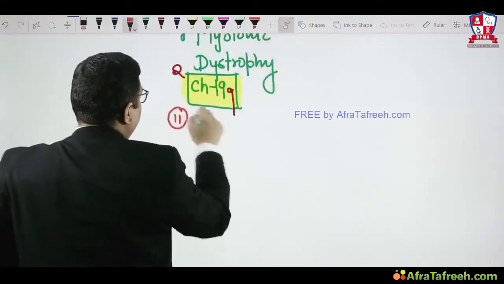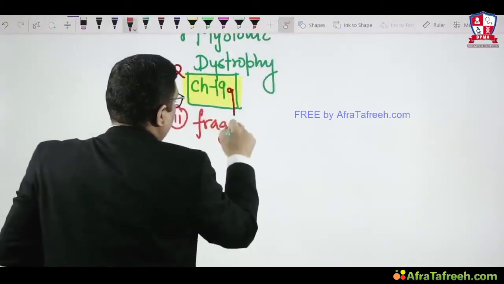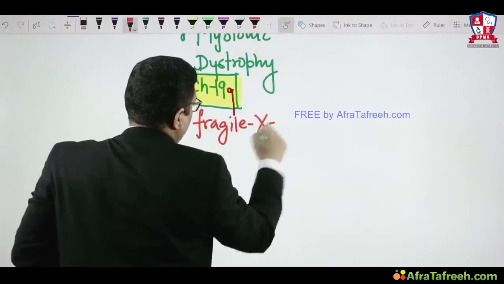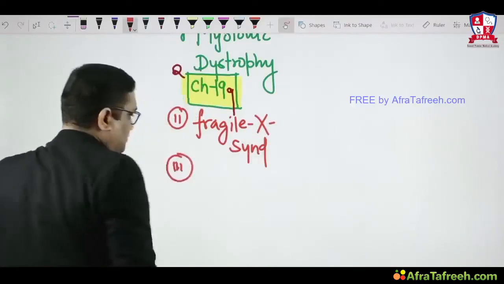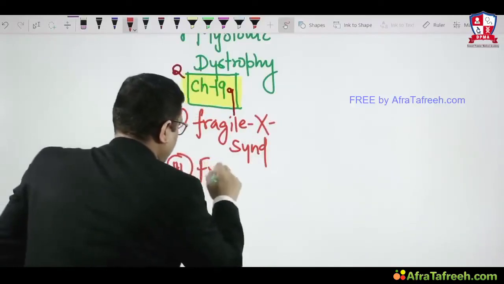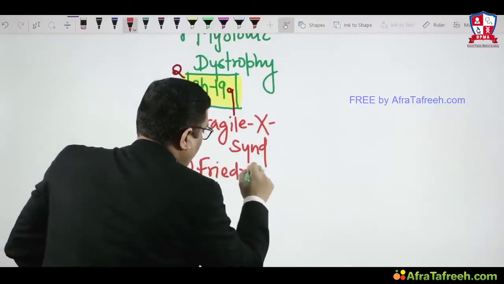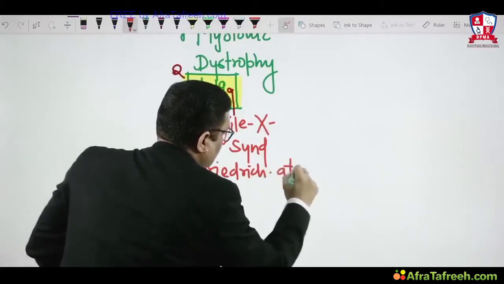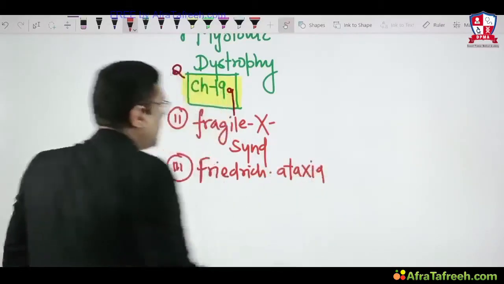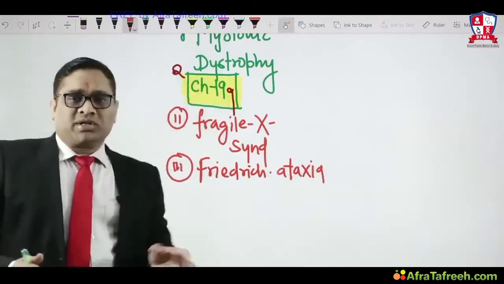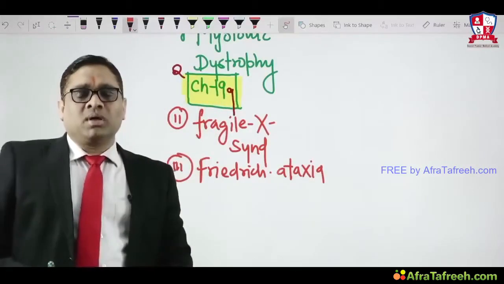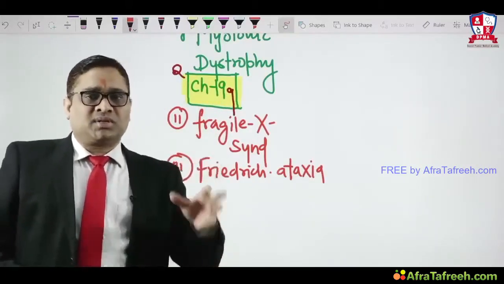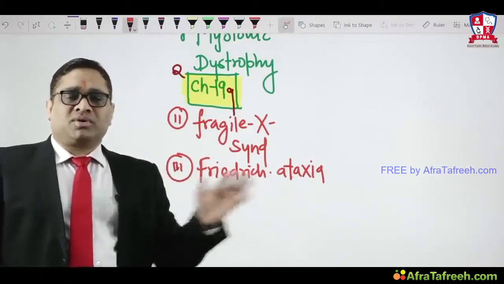The second disorder is Fragile X syndrome, and the third is Friedreich ataxia. So these are the three important disorders: myotonia dystrophica, Friedreich ataxia, and Fragile X syndrome. All these are oogenesis trinucleotide repeat mutation disorders.